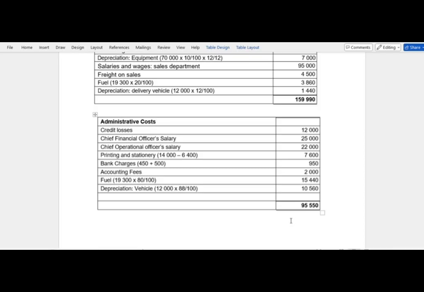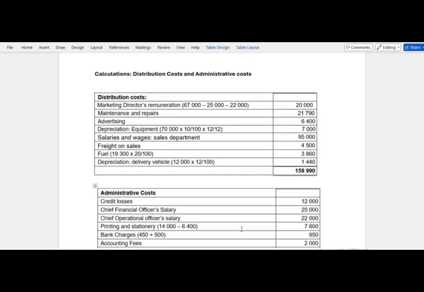I'm getting 95,550, which is the same. So it is good that you double check your answers, because sometimes you miss these things. You press 2 instead of 3 on the calculator, then you miss the whole amount. All right, so this is your admin and distribution cost.